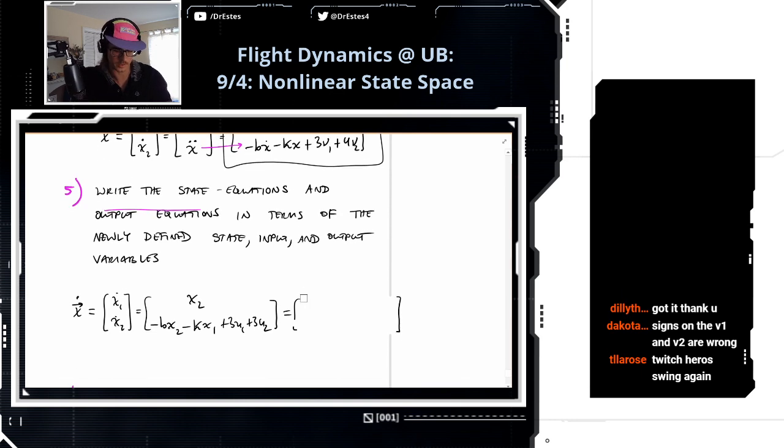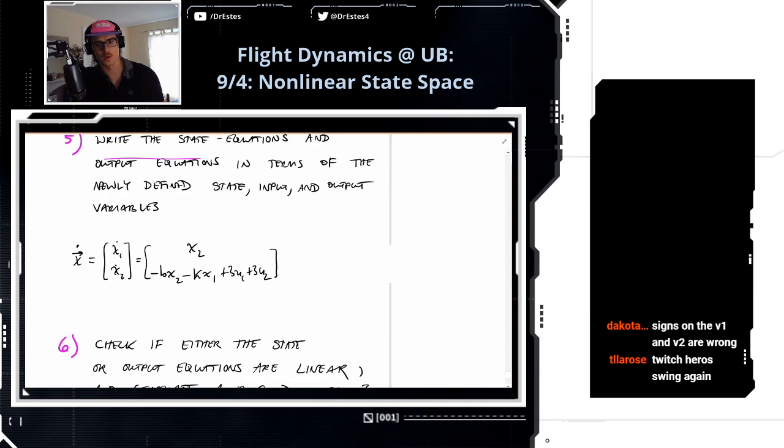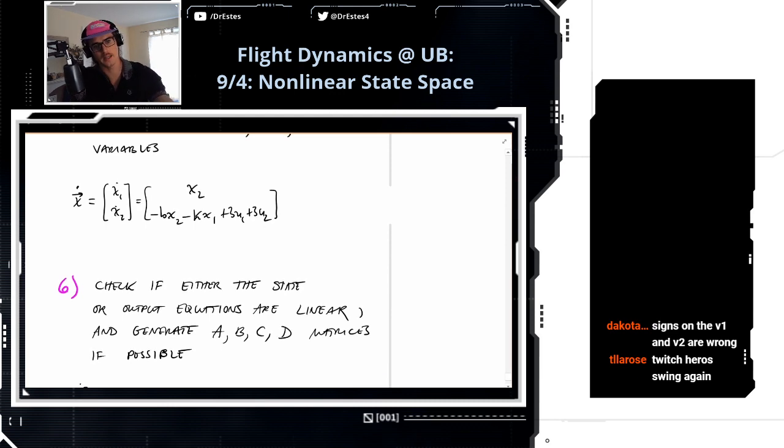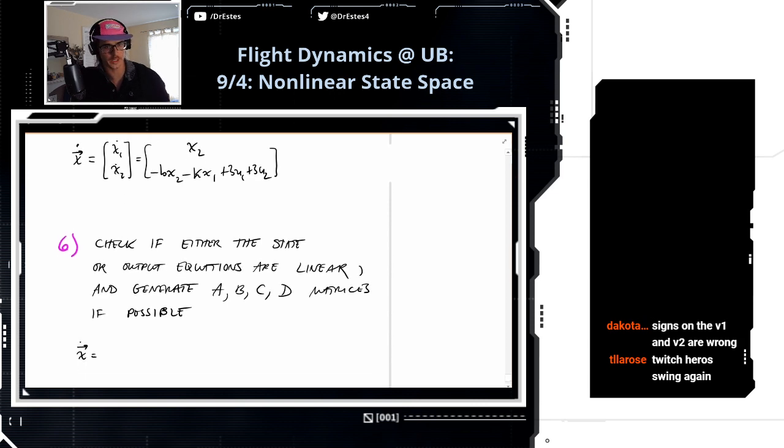And I don't know why I put another equals over here, because that's all it is. All right. So step 6, check if this is linear and put it in A, B, C, D form if you can. If you can't, don't sweat it. It just means it's nonlinear. But in this case, we can.